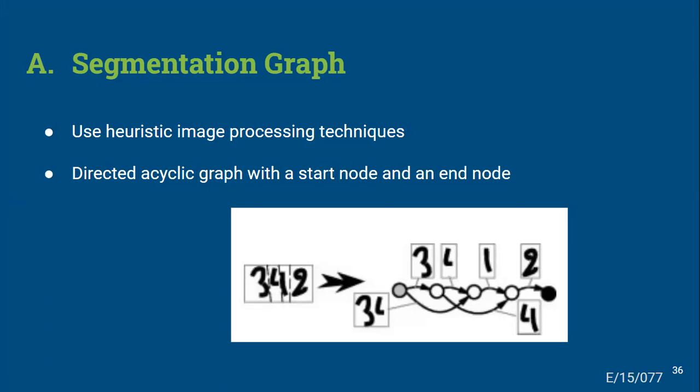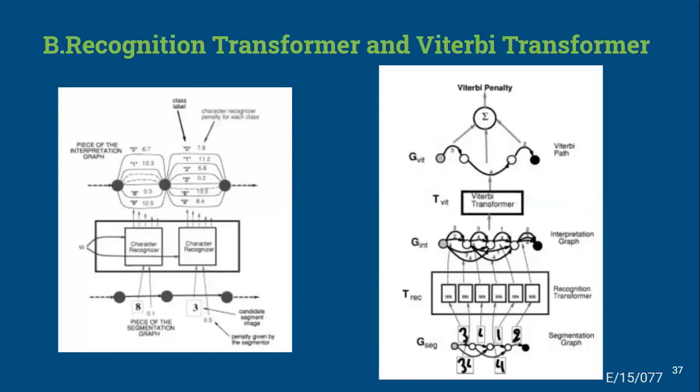It is called the segmentation graph. It is actually a directed acyclic graph with a start node and an end node, and each internal node is associated with a candidate cut produced by the segmentation algorithm. Now we will move on to the recognition transformer and the Viterbi transformer section.